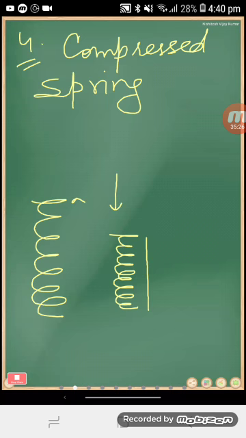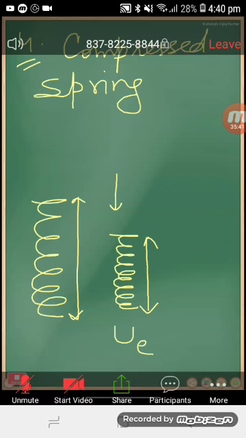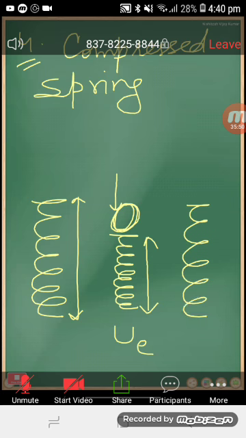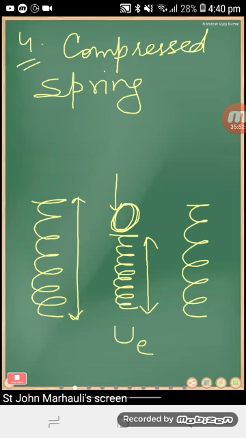So what happened? The size of the spring has changed. Now this will have potential energy, and in particular elastic potential energy. Now you keep a ball over here, and then you remove the force by which you are compressing. You will find that this spring again regains its own position and the ball is thrown up.